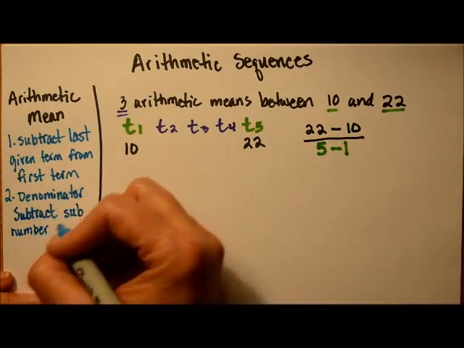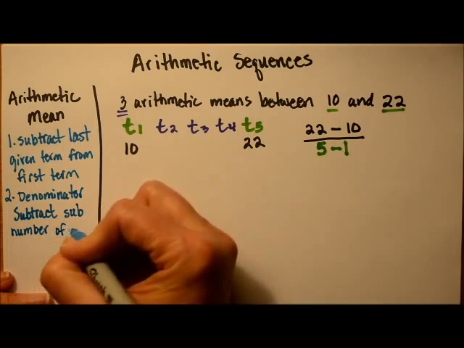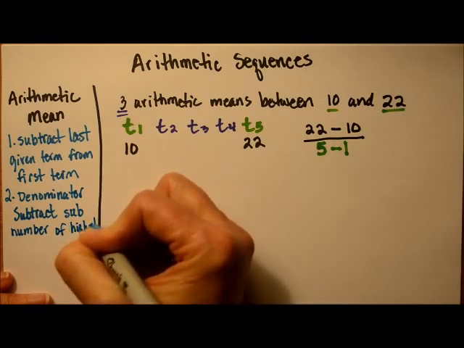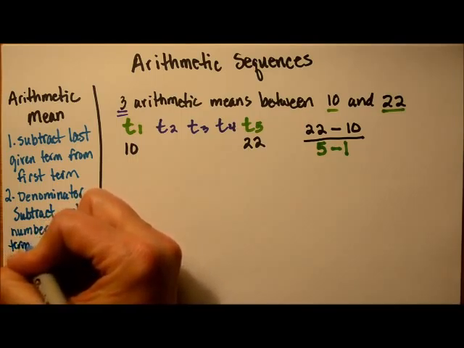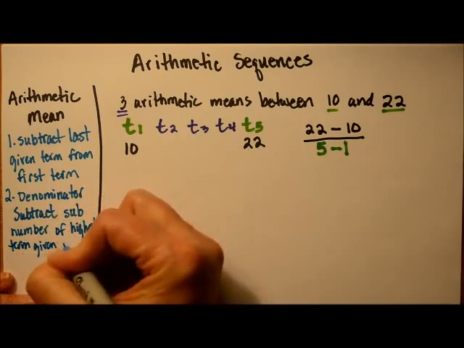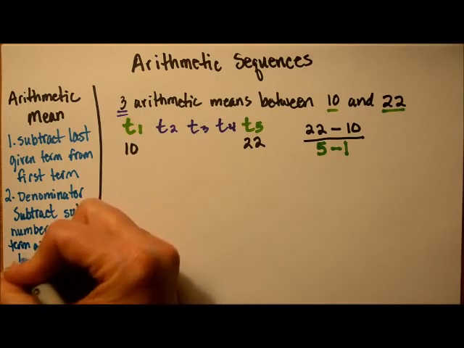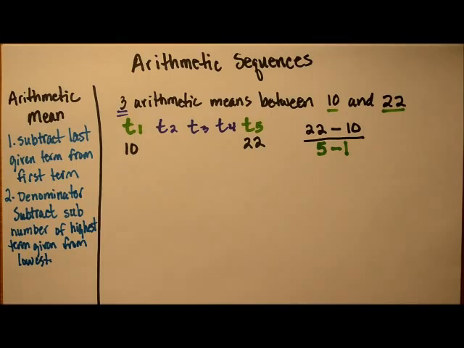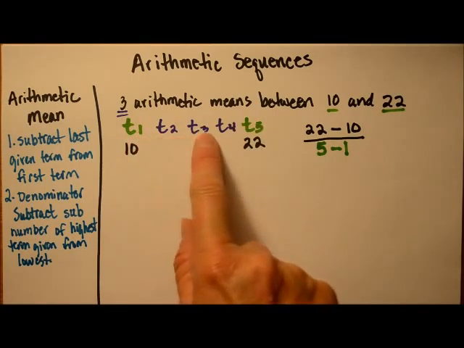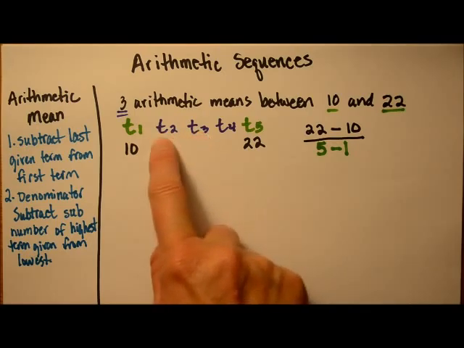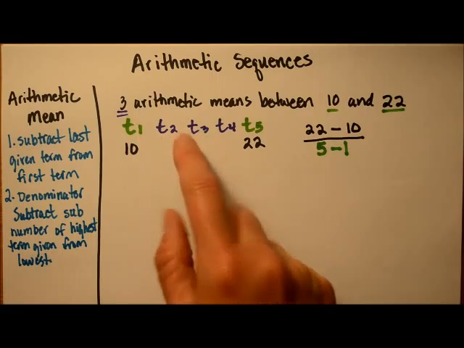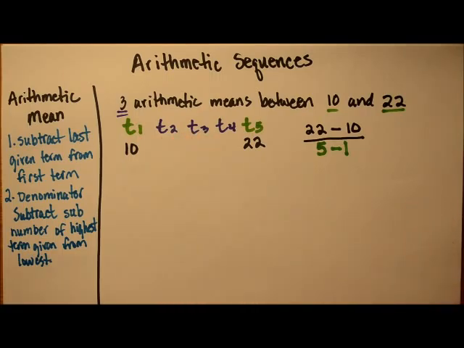So subtract the sub number of the highest term given from the lowest. So what I'm doing is taking the 5 minus 1. Now if I wanted two arithmetic means between them, then T4 would have been my last number, and I would have had 2 in there. I'll show you that. You've got to see it and play with it.